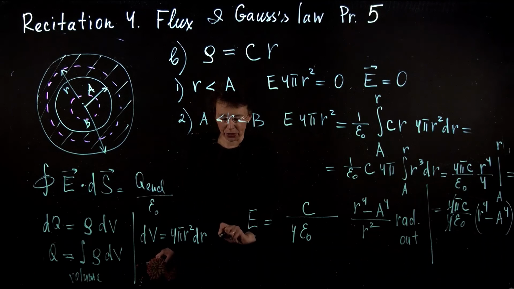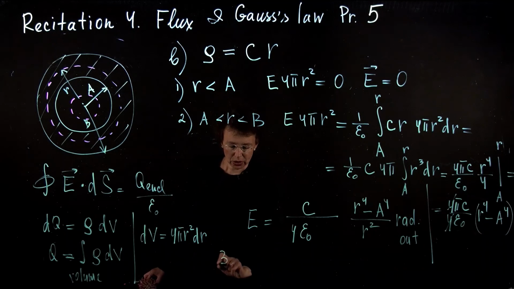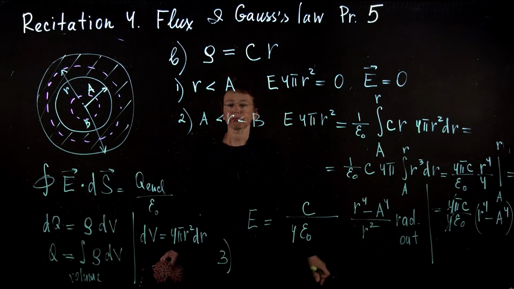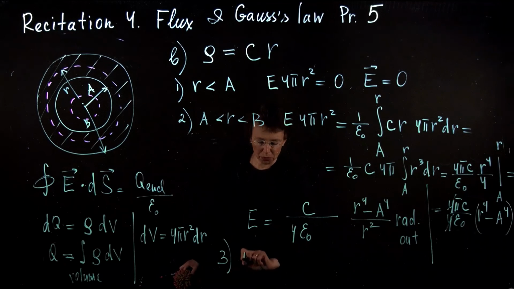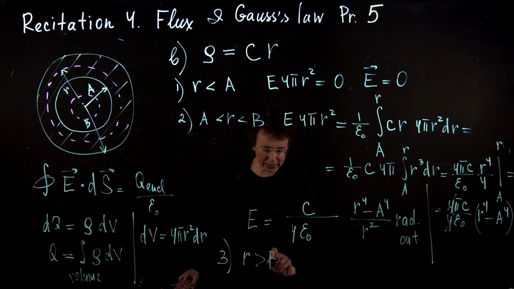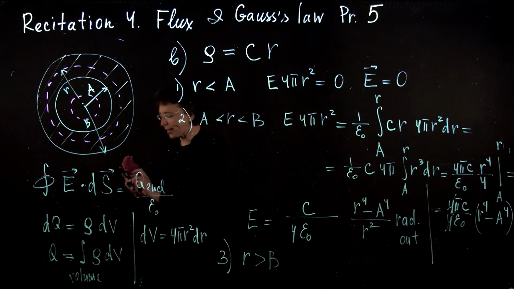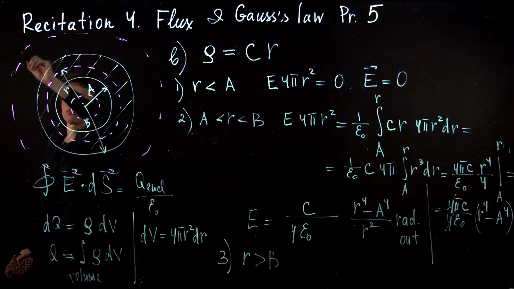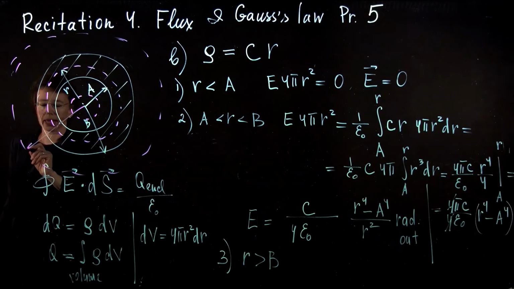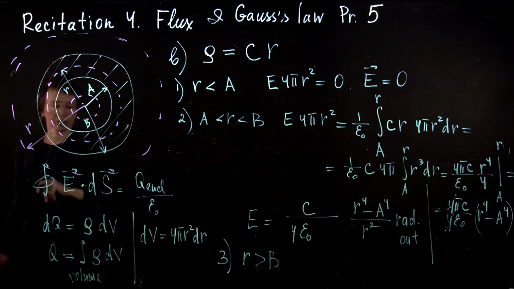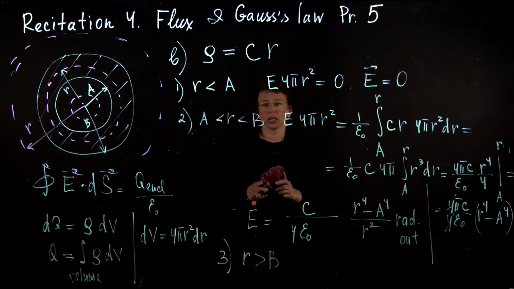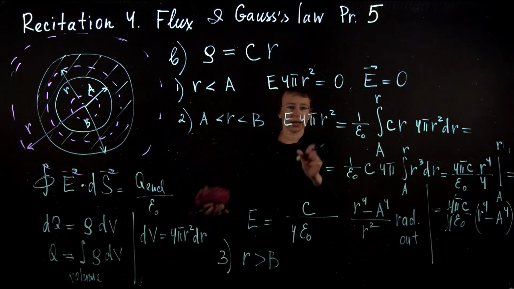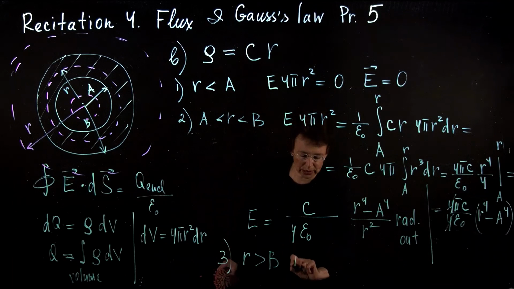Now we have the third region left. The third region is R greater than B. For R greater than B, I have this Gaussian surface. This is my R, arbitrary R. And I use Gauss's law.